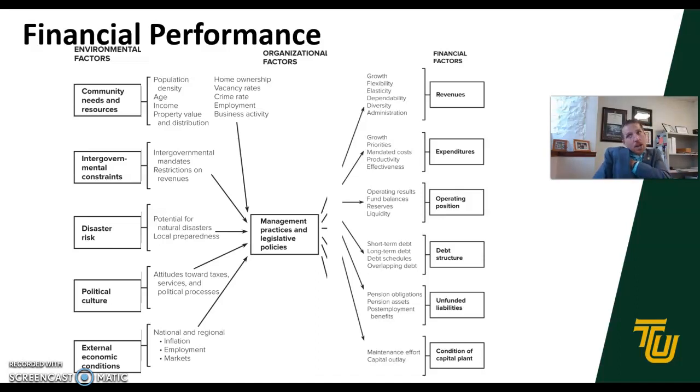Well, now on the governmental side, it's a totally different picture, right? Because we're talking about providing services to our citizens, our constituents, and what does that look like, right? So community needs, disaster risk, political culture. What are those environmental factors, and then how does that work its way into and through our government, right?